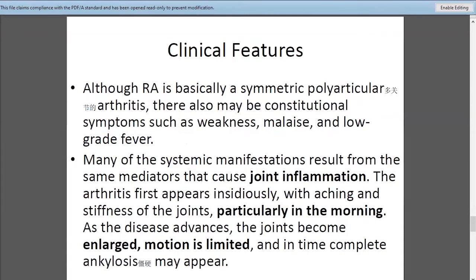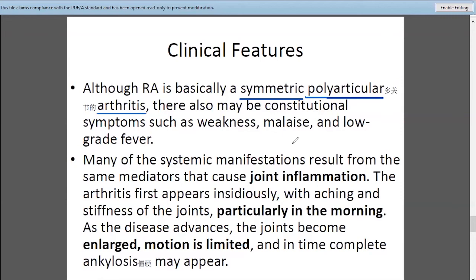Then we're talking about clinical symptoms. This kind of arthritis will happen in all parts of the body, in a lot of joints. It's not only a single joint. Clinically, if you see some people have a single joint with pain or even deviation, but the other joints are totally fine, certainly it doesn't belong to this kind of arthritis.